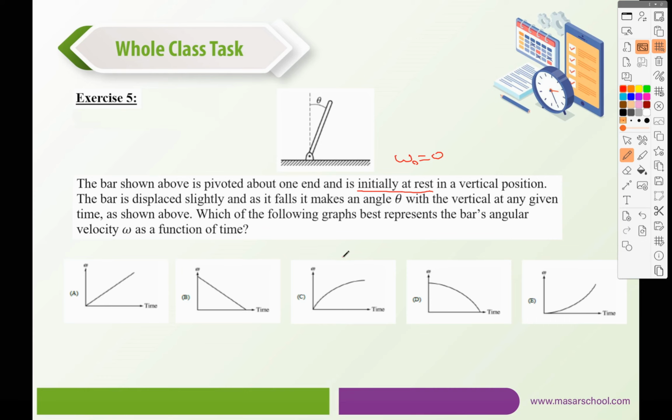Now this exercise is related to the previous one. First of all, we can directly do eliminations, eliminating this one because we're starting from rest, which means that omega should start from 0, which means it's either A or C or E. Now let's take a closer look.